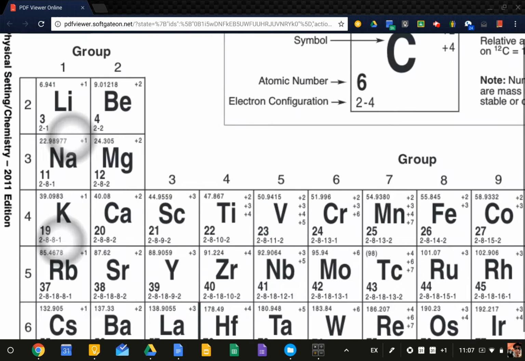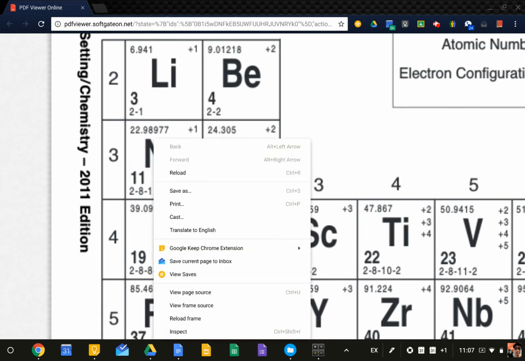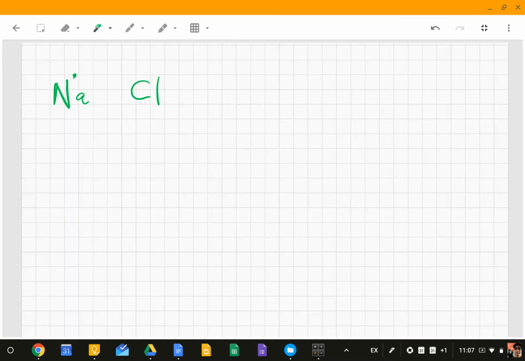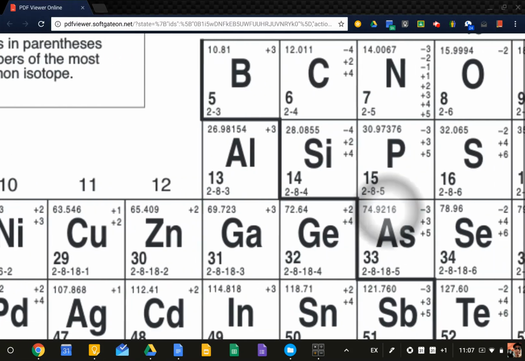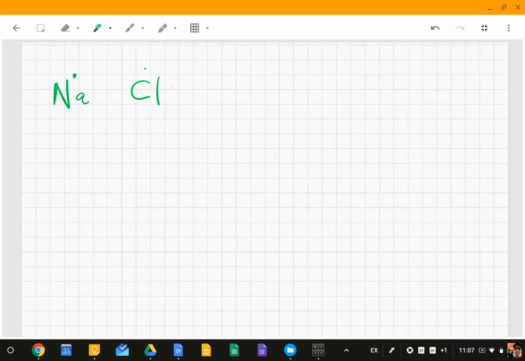And if you look at the electron configuration, you have that 1 at the bottom right. And chlorine is a nonmetal with a much higher electronegativity, and chlorine has 7 valence electrons. So 1, 2, 3, 4, 5, 6, 7.